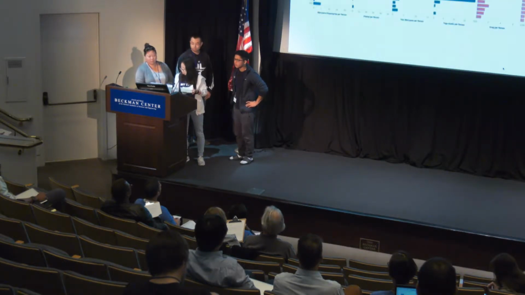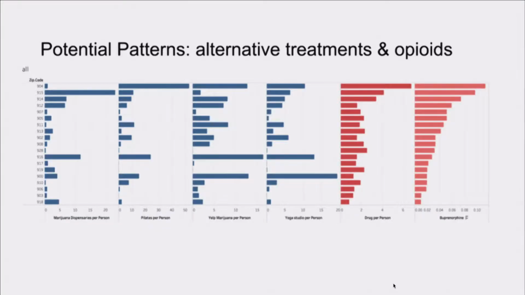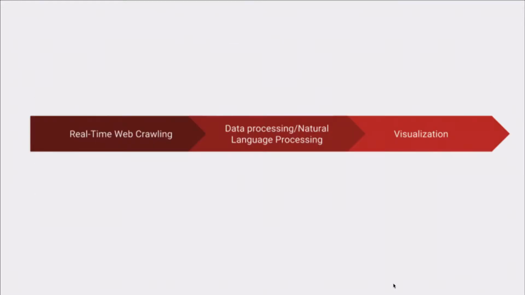Yeah, which is the next slide. So we're not arguing for correlation, but it's potential patterns. If we have better data sources, if we have more contextual information, we may be able to correlate these two sets of variables. Okay, sorry. Thank you.